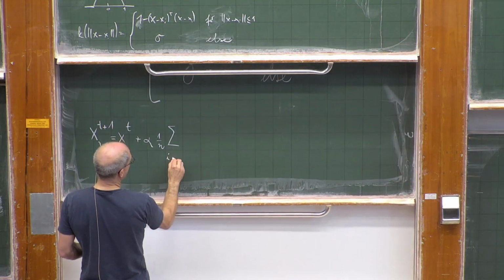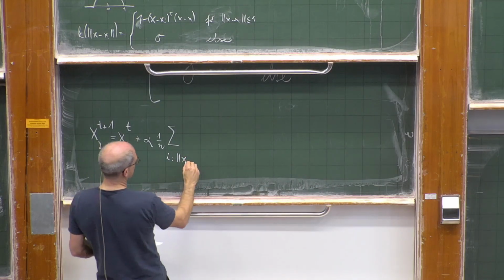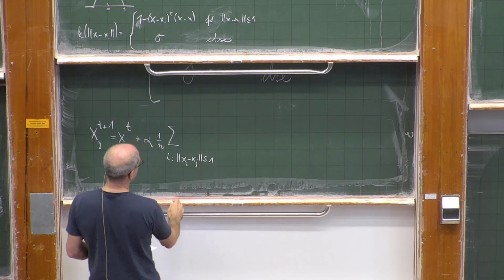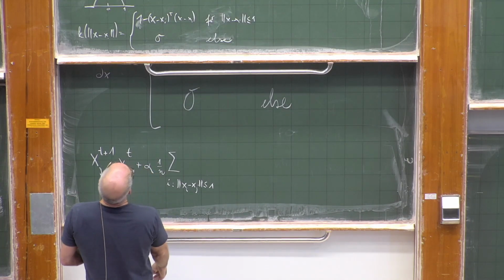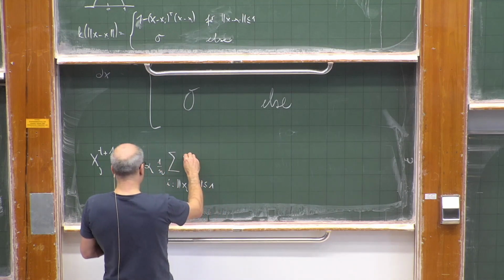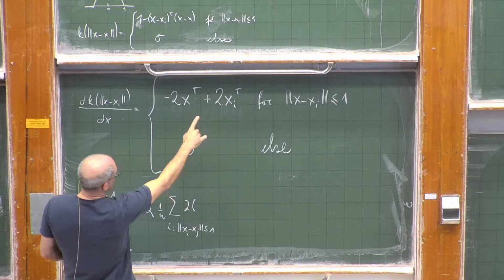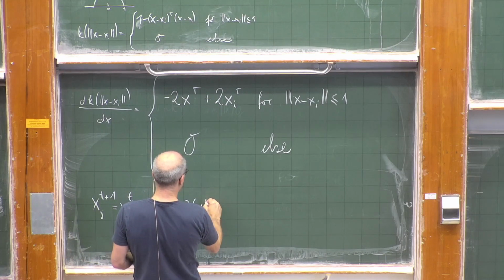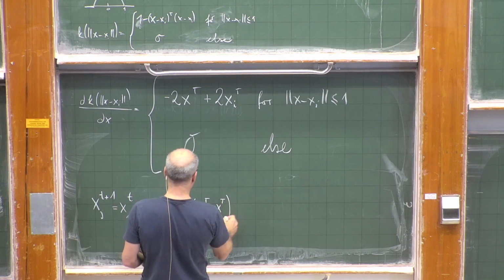So we sum over the points i which have a distance that is sufficiently small. Xi minus xj should be smaller than 1. And then we need the actual derivative here, which was twice. I'm absorbing, or I'm changing these two terms around here. Xi t minus xj t. Good.